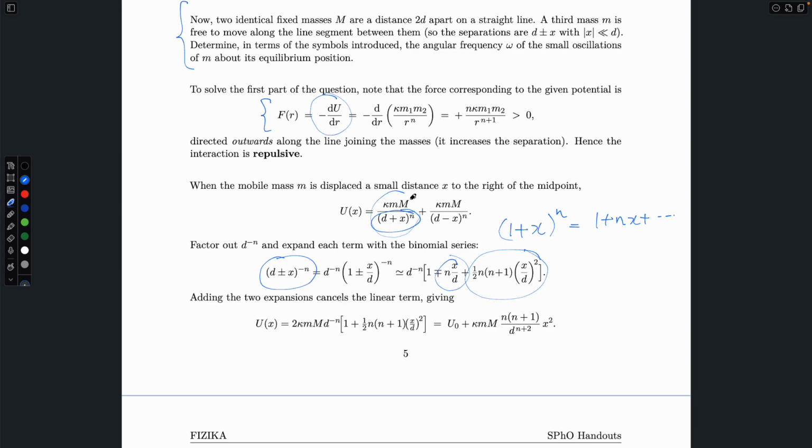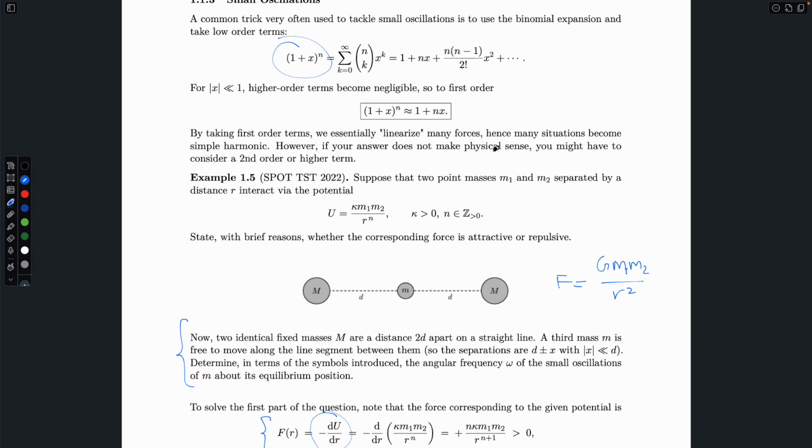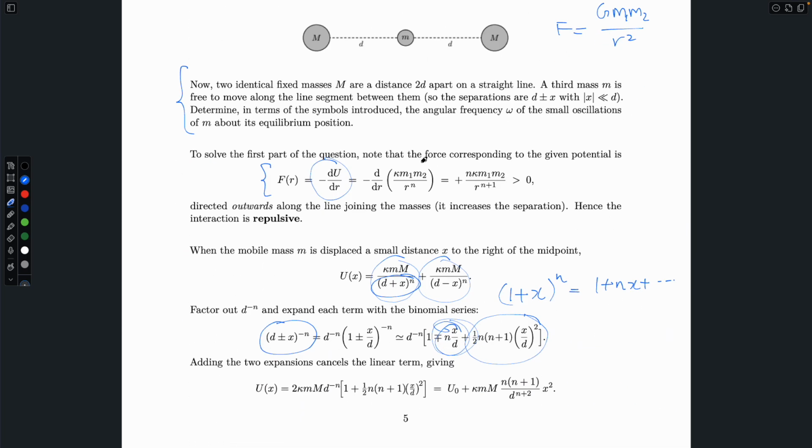Because when you add the first term plus the second term, the nx over d term will just cancel out. And we know that the answer cannot be 0. So we need to expand to one order higher in order to get a physical result. That's what the note means by, you might have to consider second order or higher if your answer doesn't make sense.